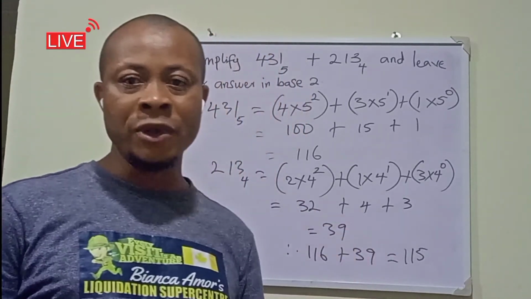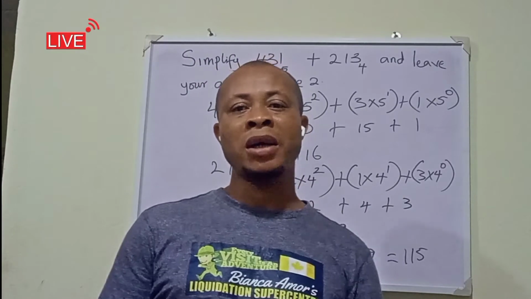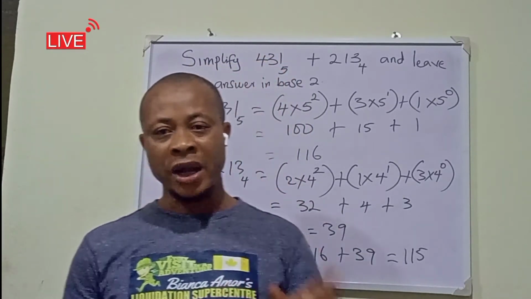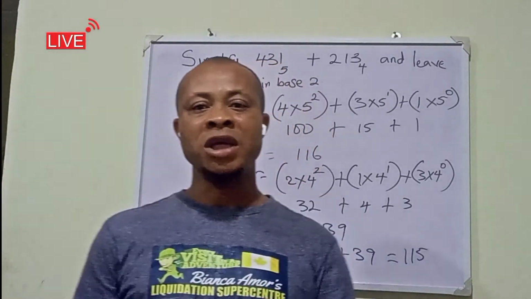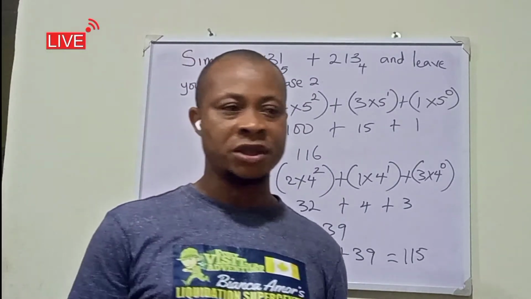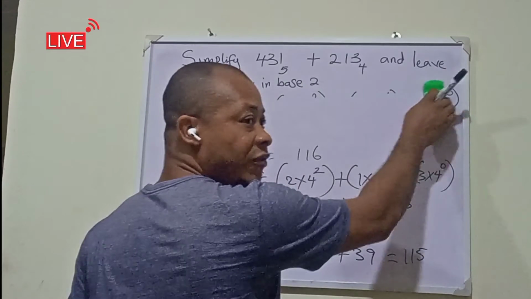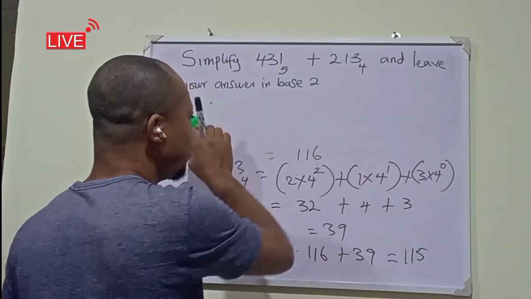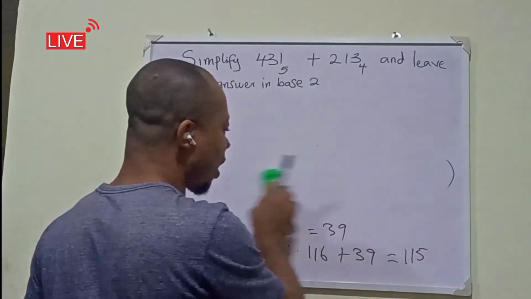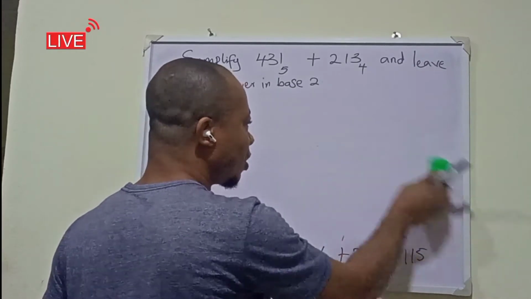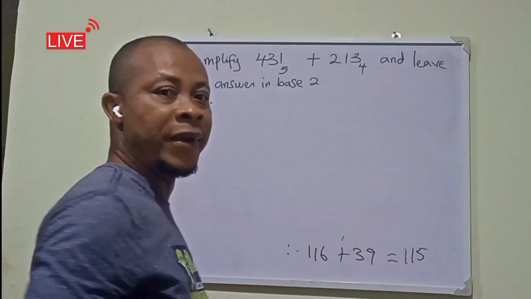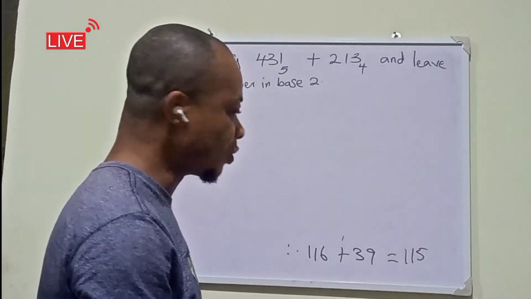And anytime you want to convert a number that is in base 10 to a binary number, we use a process known as the division process. Okay, so let's clean up this place so that we have enough space for the division. All right, so we are converting 115 from base 10 to base 2.